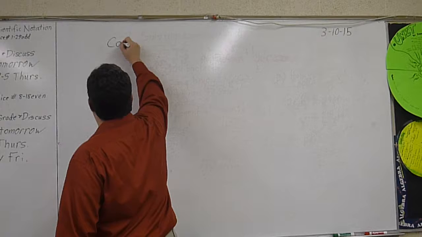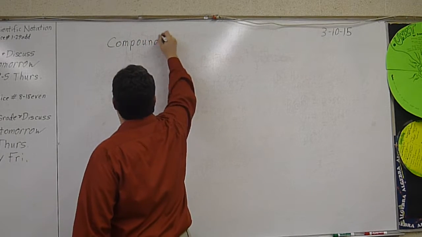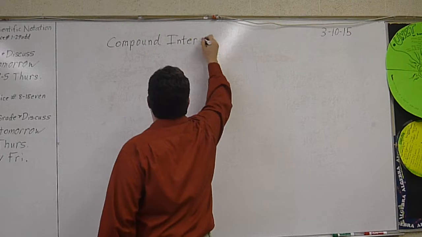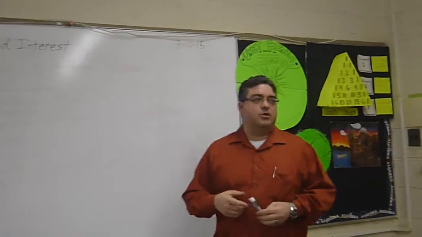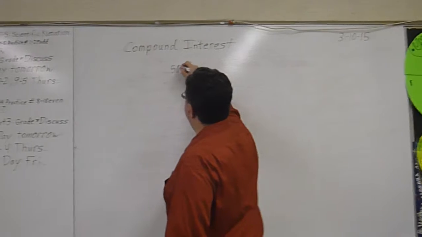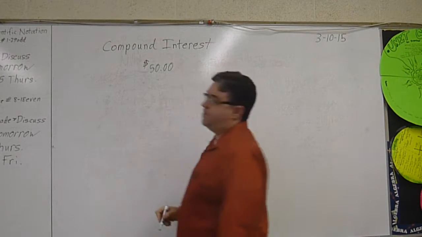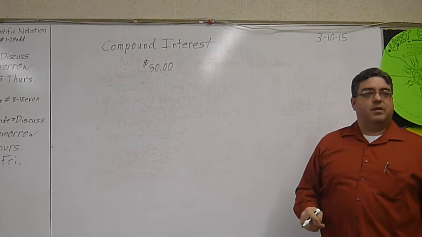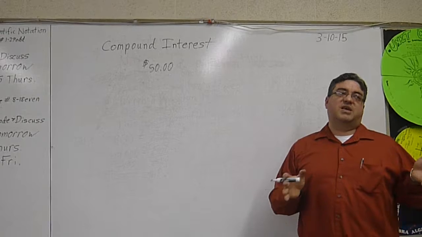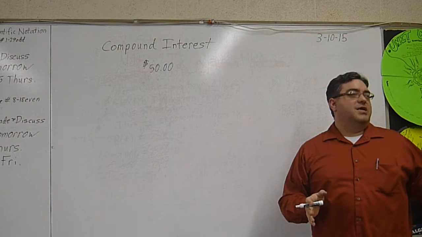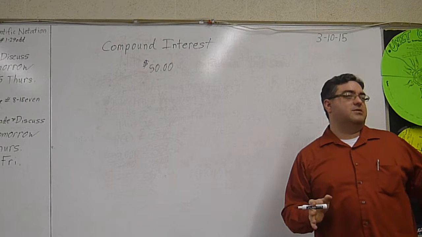And then we want to talk about compound interest. The way compound interest works is you get charged a certain amount of money. Let's say you borrow $50, and they tell you something that sounds good but is actually really awful: same as cash for 3 months.